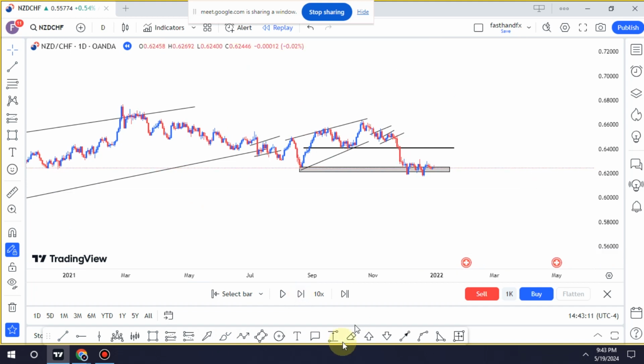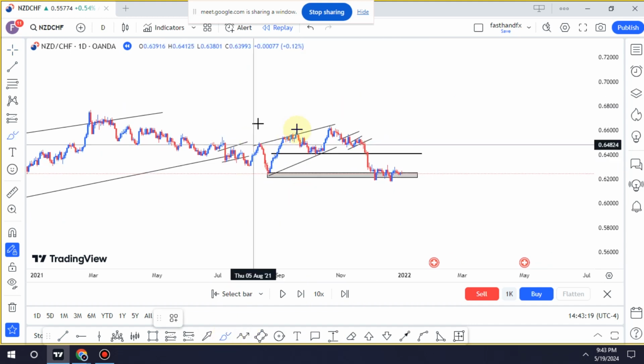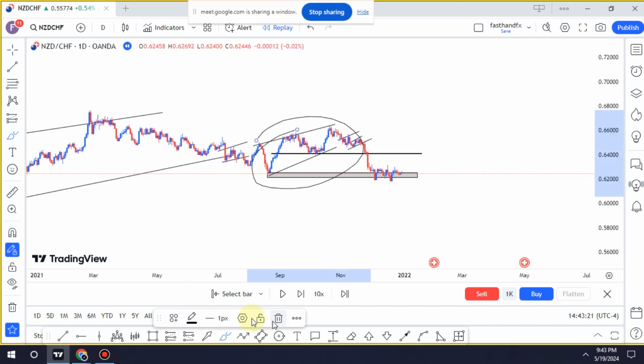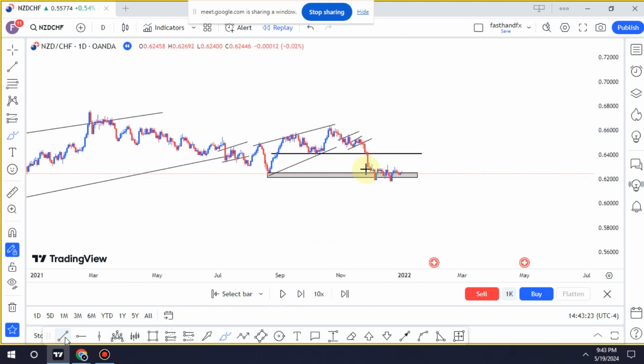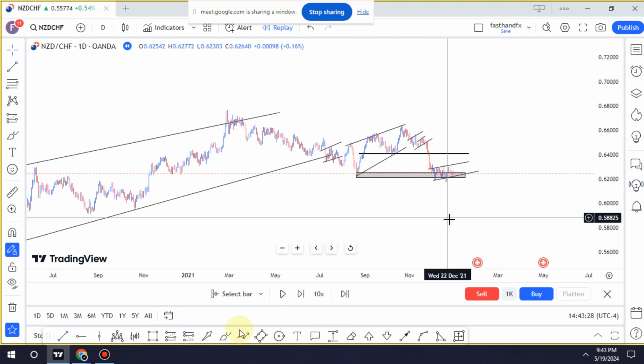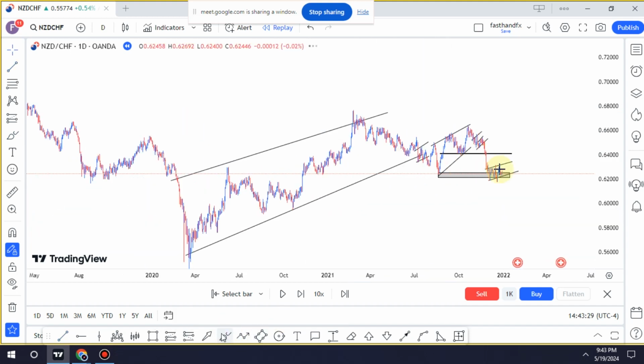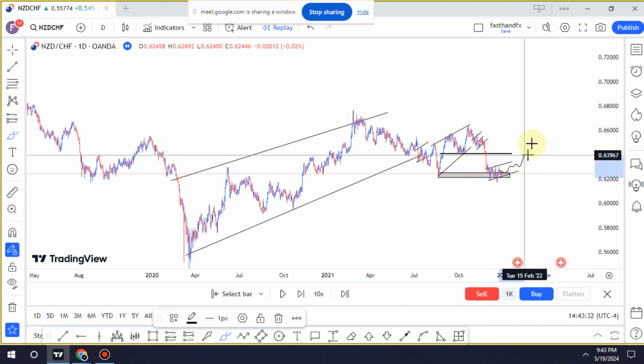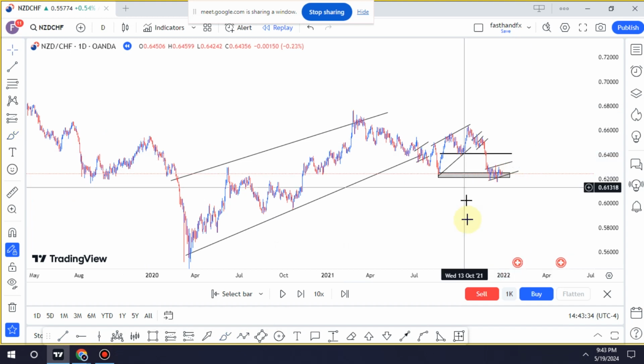Now I said it's better to take your entry the moment price takes out the bigger version of a continuation pattern, right? Like here, right here, instead of taking your entry. Even if it starts giving us another continuation pattern right here, I won't take an entry because price still has an opportunity to go and retest this level right here.